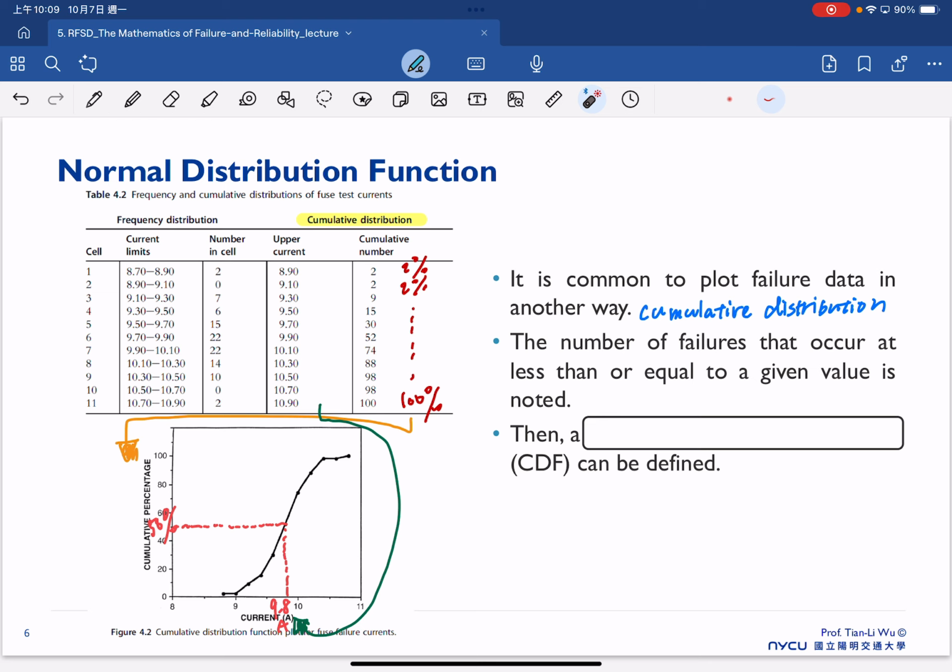The customer is interested in which condition will in the end lead to what percentage of failures. So what they really want to know is the cumulative data here. And we have a very specific name for this distribution that we generally call the cumulative distribution function.